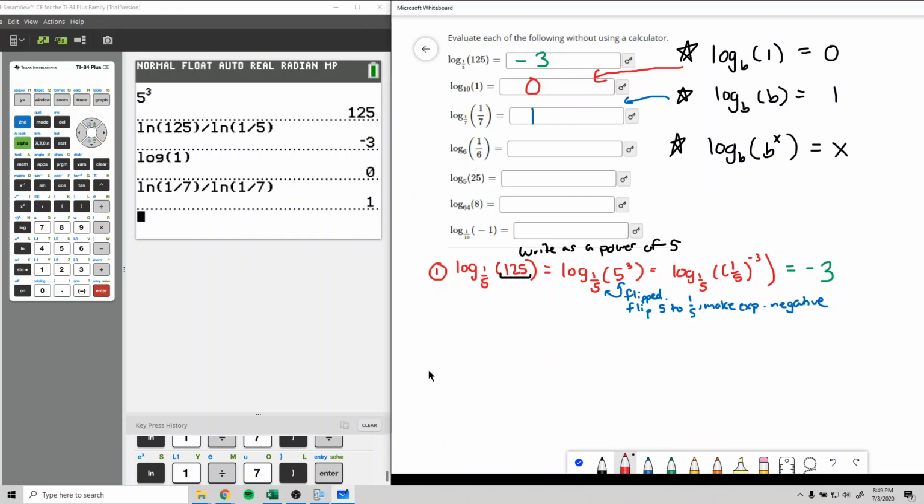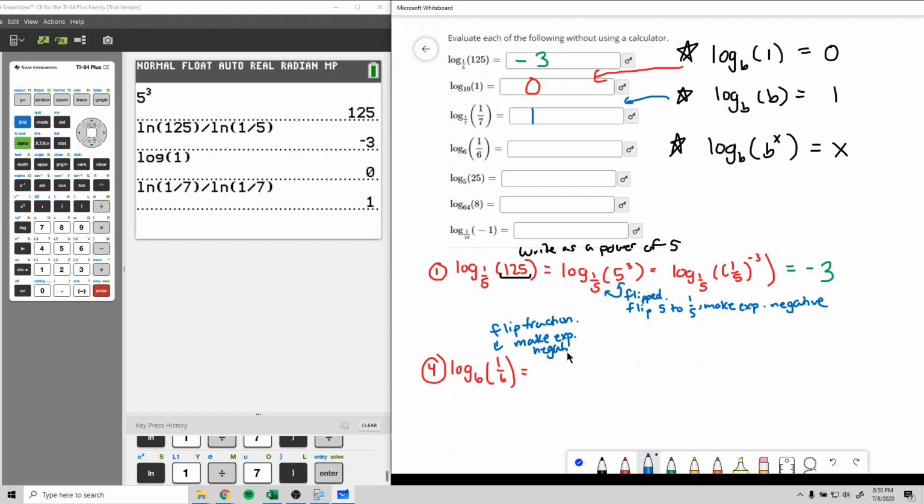Number 4 isn't a direct application, so make sure you write it down. We got log base 6 of 1/6. We want to write 1/6 as a power of 6. And really what we want to do is flip that fraction. If we flip 1/6 to 6, then it will work. So we flip the fraction, we have to make the exponent negative.